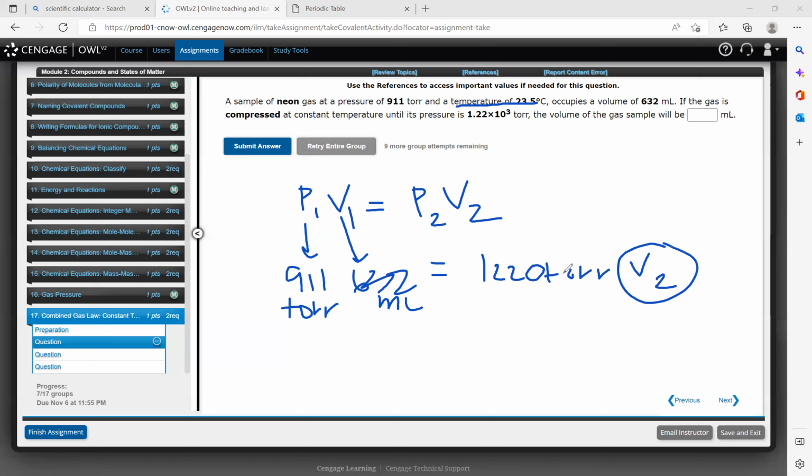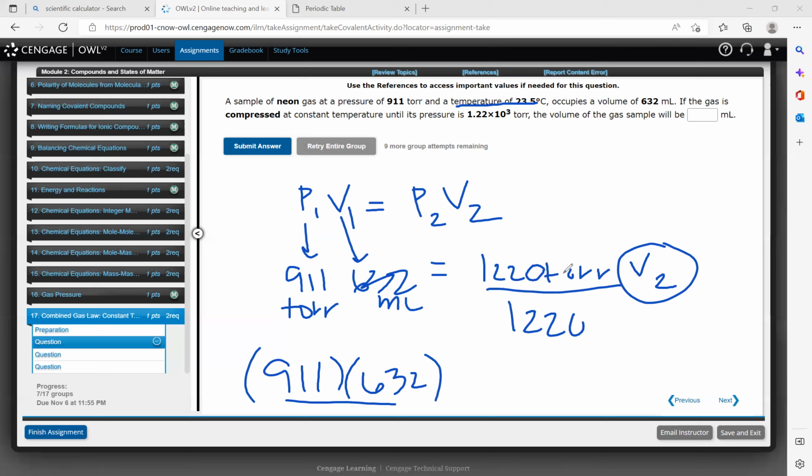So what we're going to do is solve for V2. We're going to take 911 multiplied by 632, and divide it by 1220. The torrs are going to cancel out, and now our answer should be in milliliters.